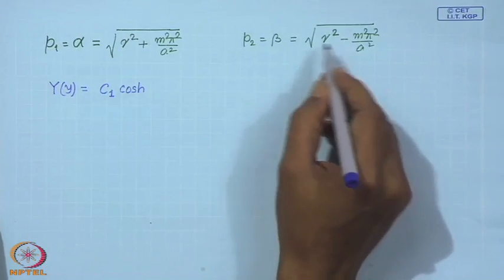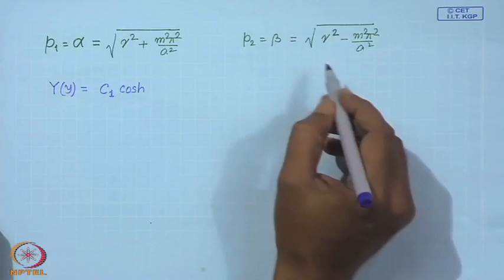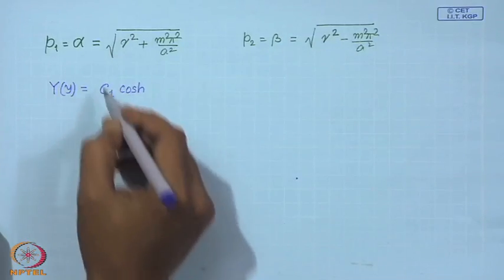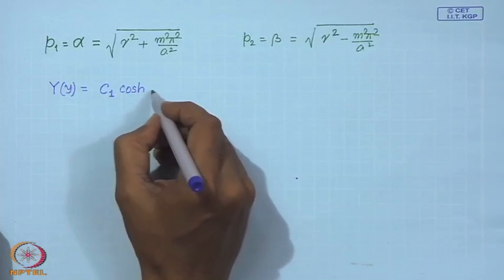So if you define this beta in this form and alpha in this form, then I can write the solution.